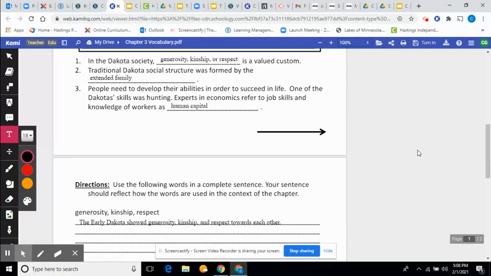Experts in economics refer to job skills and knowledge of workers as human capital. I'll use an example of a student from last school year. She someday wants to become an auto mechanic. As a 6th grader she started hanging around her dad, who is also an auto mechanic, and he was teaching her little things here and there.